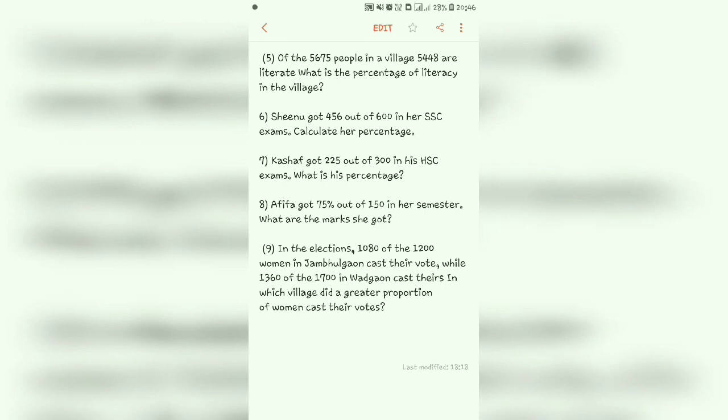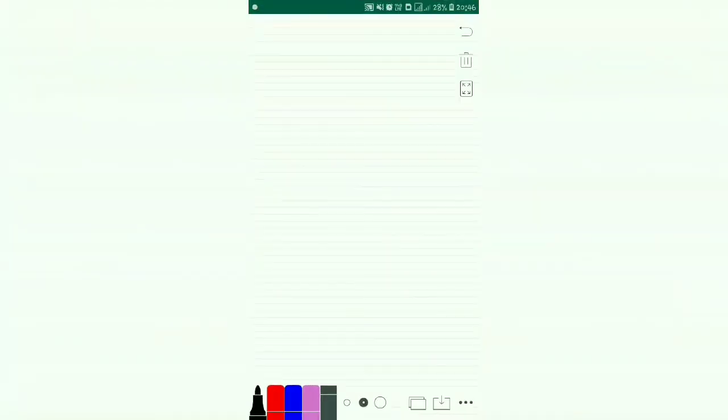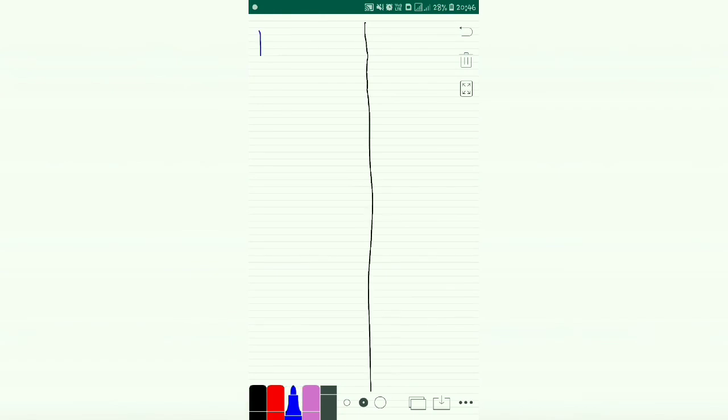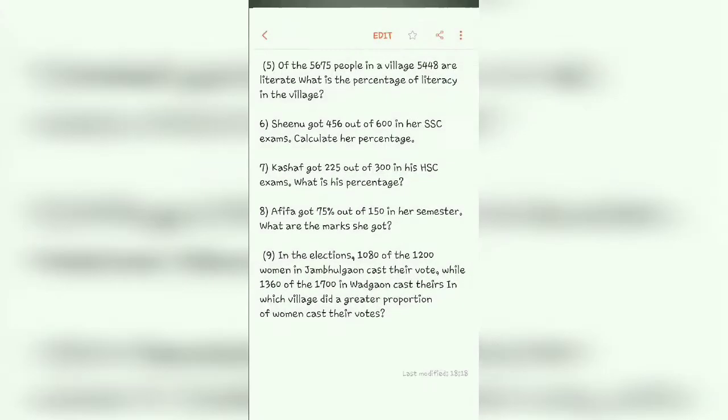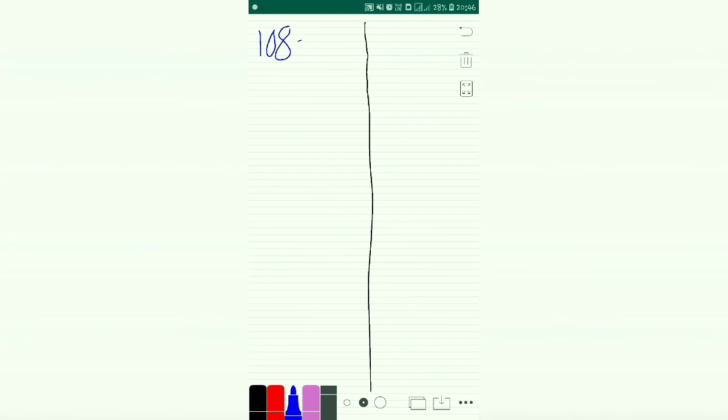Let's do question number 9. In the elections, 1080 of 1200 women in Jumbalgaon. I am doing it directly. Into 100 is equal to percentage.